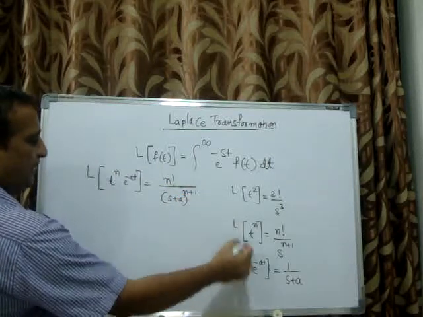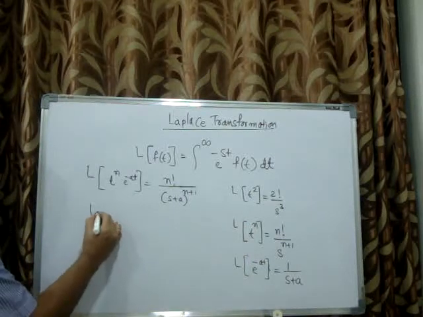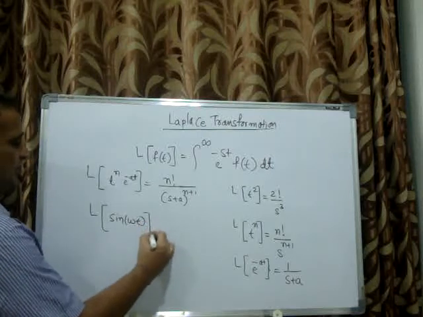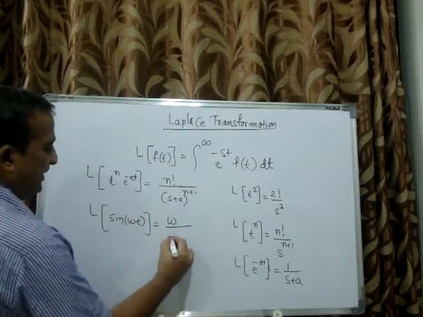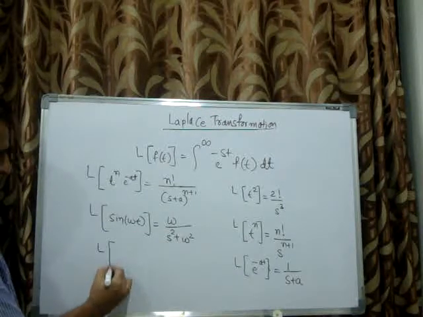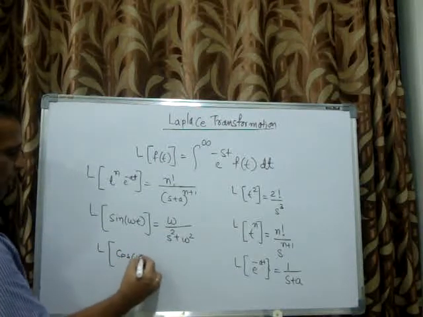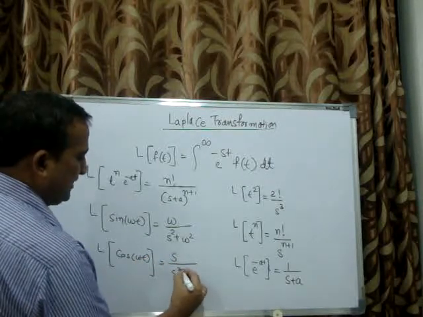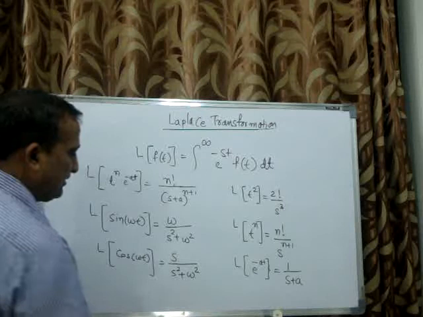This is a combination of these two. And Laplace of sine of omega t is equal to omega by s square plus omega square. Omega is a constant. Okay, Laplace of cos of omega t is equal to s divided by s square plus omega square.